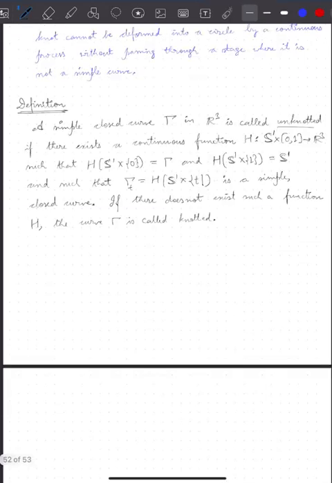So let's try to understand this using some illustration. Say we have this arbitrary curve, but it's closed. Let's call it gamma, and let it be in R3. This is at t equal to 0.